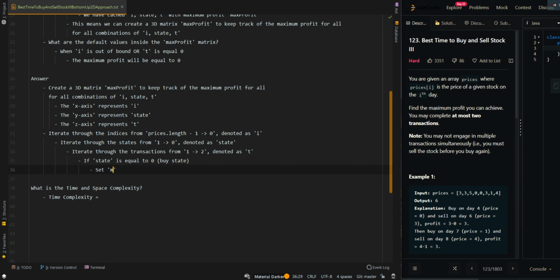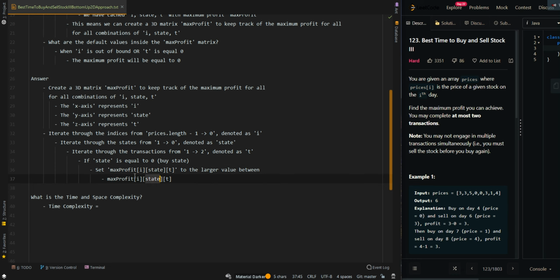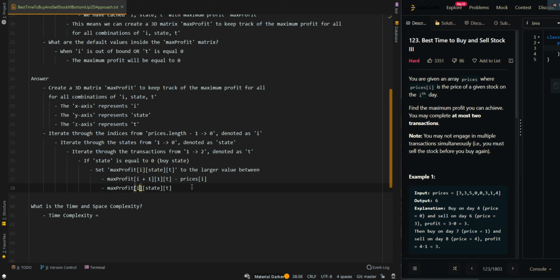So we're going to set max profit i, state, and t to the larger value between the following. The first one is buying at the current price: i turns to i plus 1, state goes to our sell state, which is 1, the number of transactions stays the same, and then we need to decrease by the current price because we bought the current price, so we're paying this amount. And also for the maximum profit, if we just skip the current price, it's just i plus 1.